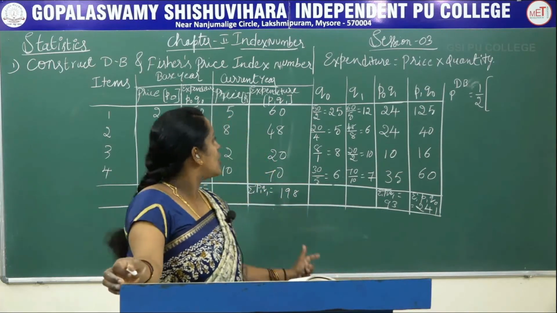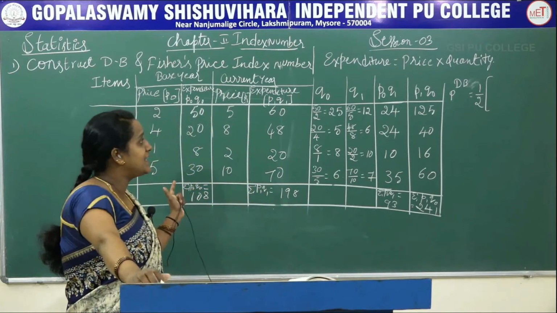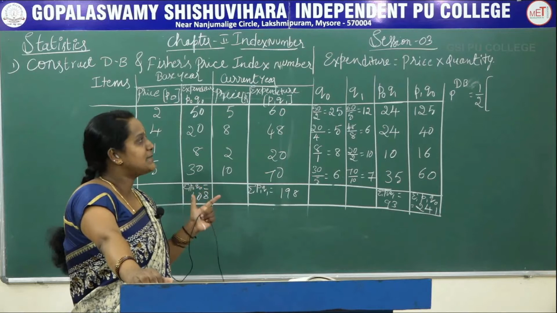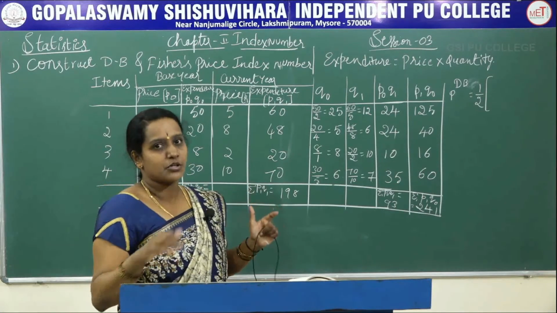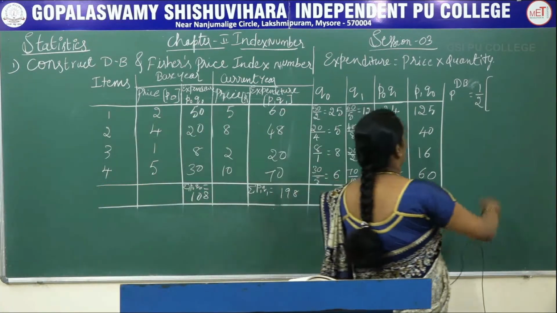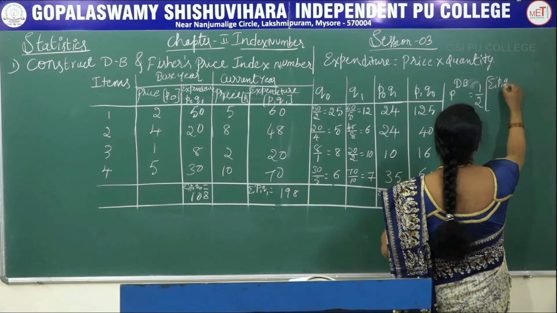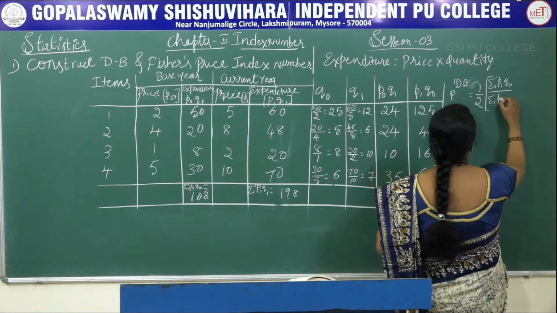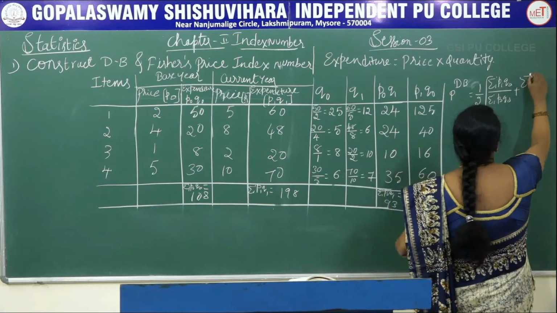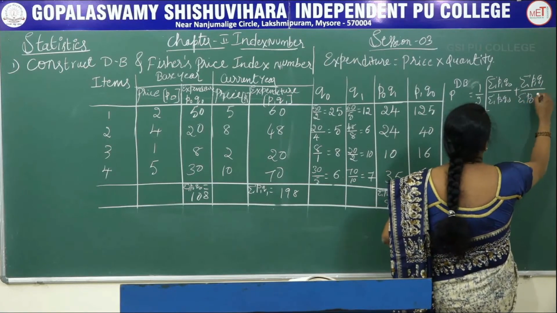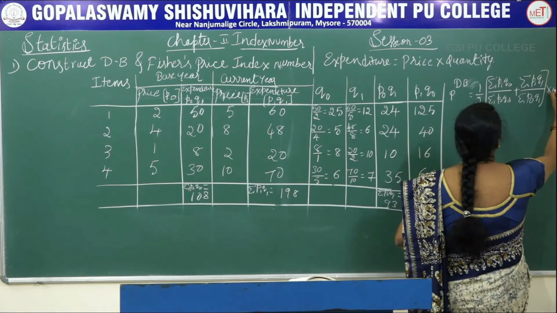But in this problem, we didn't calculate Laspeyres and Paasche index numbers. So for this problem, I will substitute the formula. For Bowley, it is summation of P1 Q0 by summation of P0 Q0 plus summation of P1 Q1 by summation of P0 Q1, into 100.